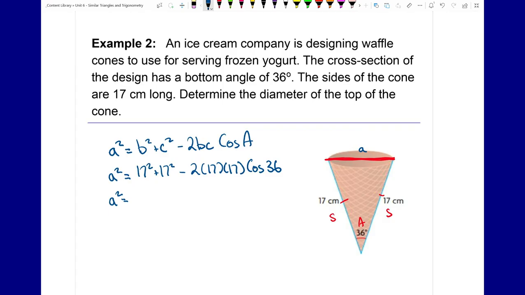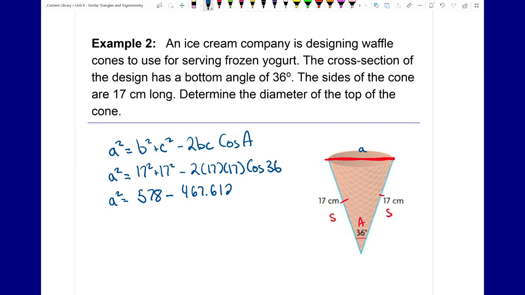A squared equals, and I'm going to go through and do it step by step. So 17 squared plus 17 squared, or 17 squared times 2, is 578, minus 2 times 17 times 17 times cosine 36, which is 467.612.